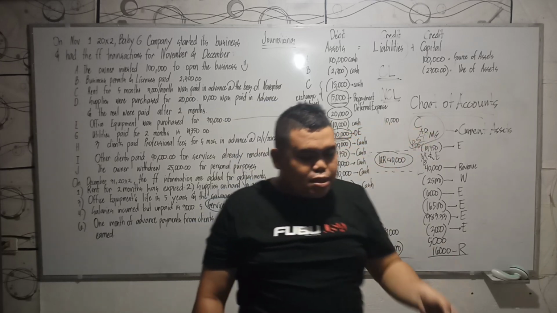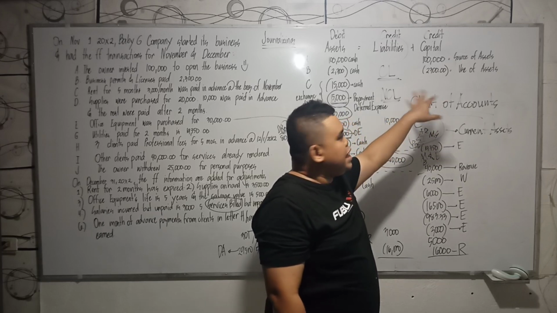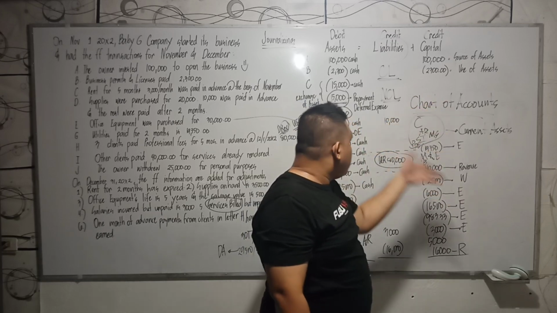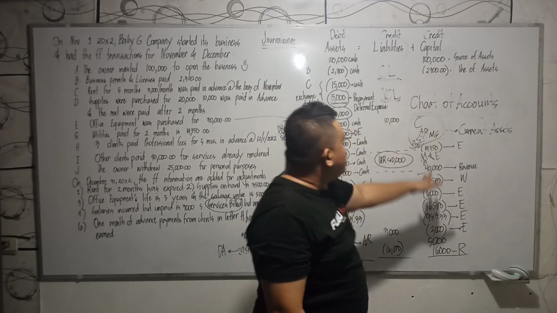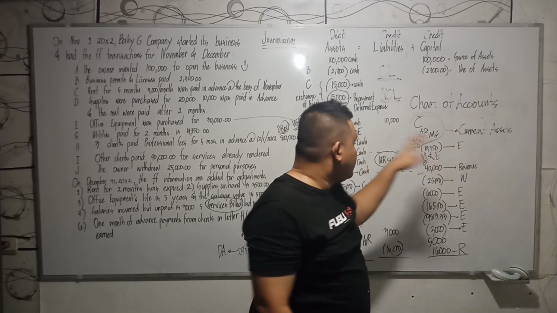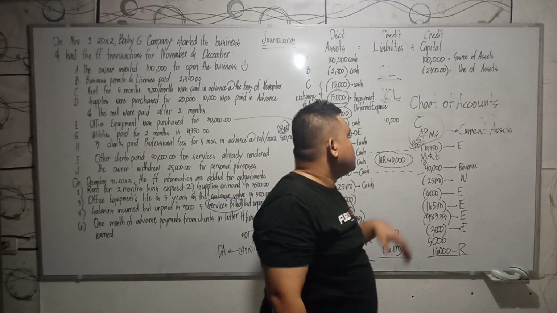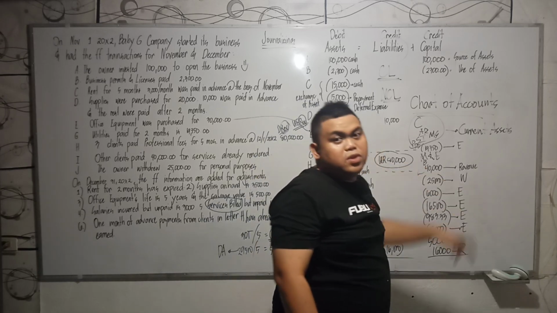Now, next on the chart of accounts list, after the capital-related accounts, like again, the capital beginning, and then the withdrawal, and then the net income or the net loss, the next would be the list of revenue accounts.